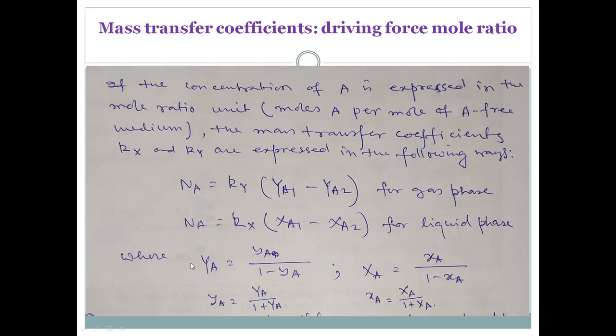This is the mole ratio, moles of A by moles of B. This is the mole fraction of A, and since yA plus yB equals 1, yB will be 1 minus y. The mole fraction of A by the mole fraction of B is the mole ratio. And with a simple calculation, the mole fraction y will be capital Y by 1 plus capital Y.